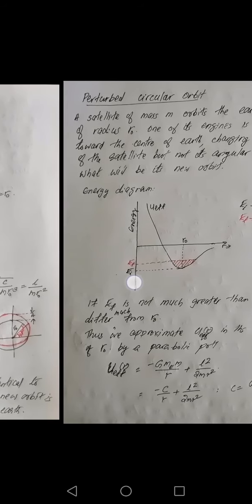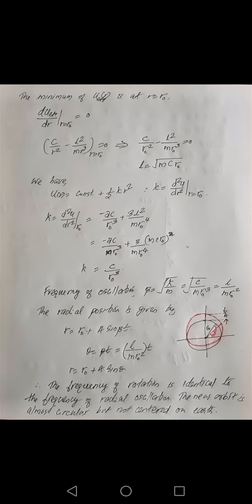Therefore U effective of R is equal to minus G ME M by R plus L square by 2 mu R square. Here remember L is not changed. So it is minus C by R plus L square by 2 mu R square, because G ME M is a constant, which I have taken as C. That is the effective potential.